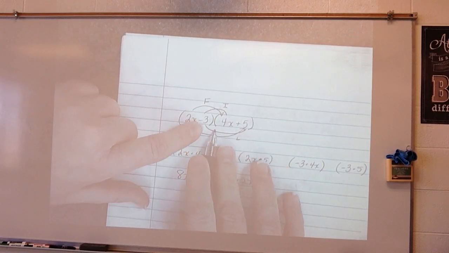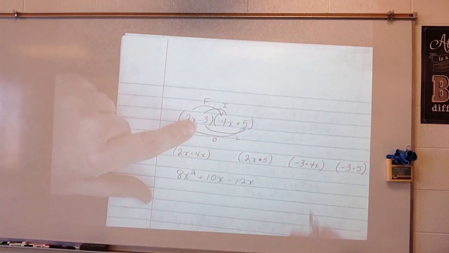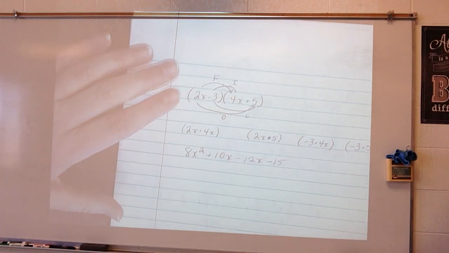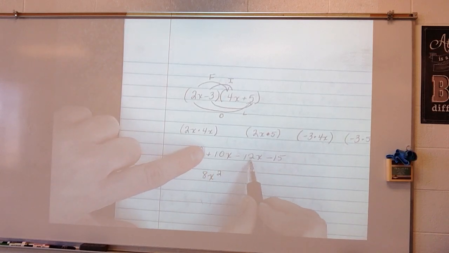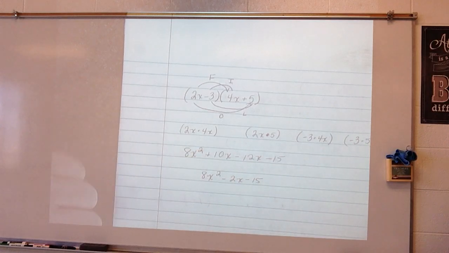And then multiply my last. Negative 3 times 5 is negative 15. Combine like terms. So I get 8x squared minus 2x minus 15. And I'm finished. So that is my FOIL method.